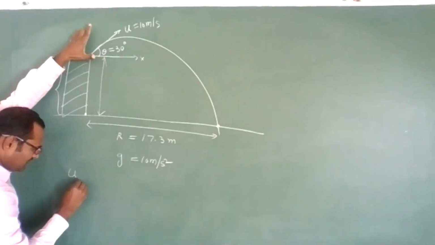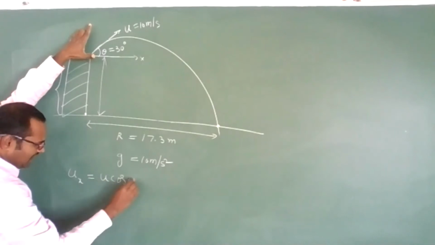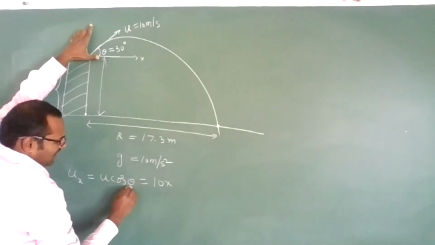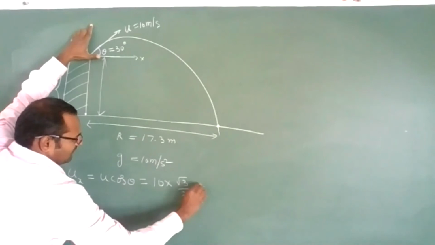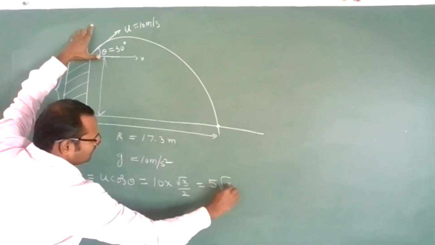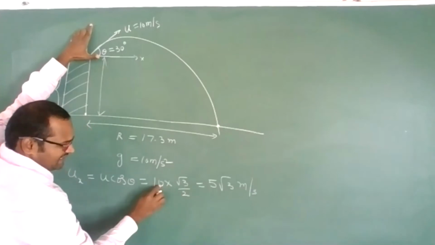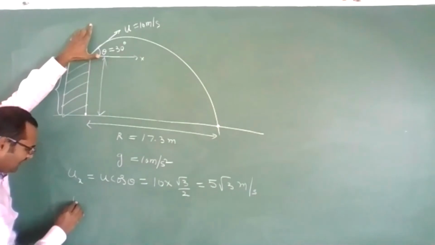So what is ux? Velocity along the horizontal is u cos theta. U is given 10, cos 30 value is root 3 by 2, which is nothing but 5 root 3 meter per second. This is the horizontal velocity. What about vertical velocity?